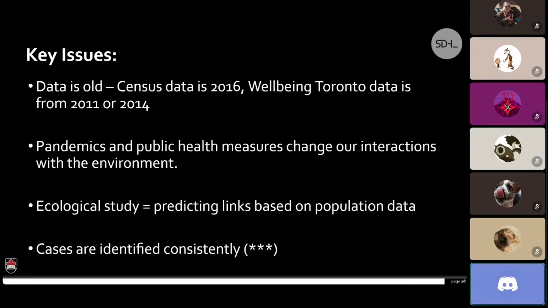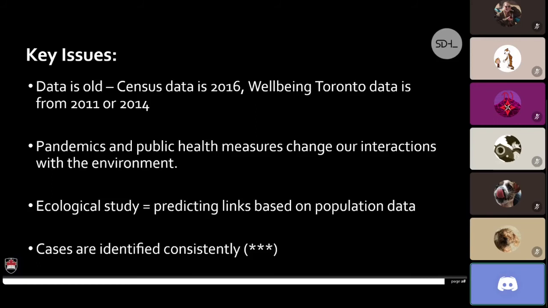There has been a substantial economic reopening where many businesses were allowed to open, restaurants were allowed to open, but there's not really a lot of data yet on how our interactions with the urban environment have changed as a result.